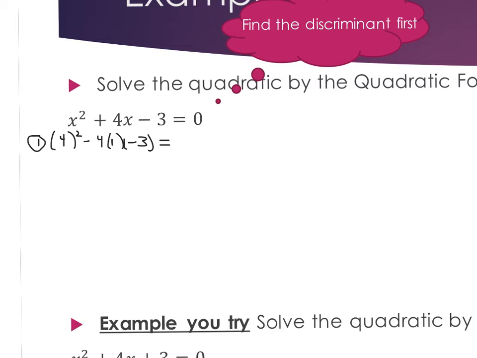I would use a calculator and type it in exactly like I see. In this case, it does end up being 28 because you have 16 plus 12. Second step, you're going to use the quadratic formula.